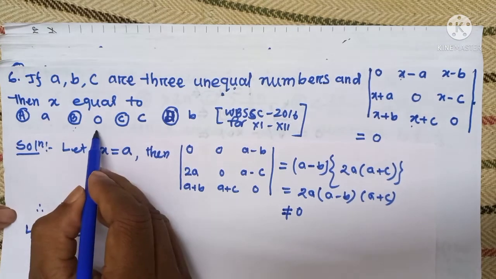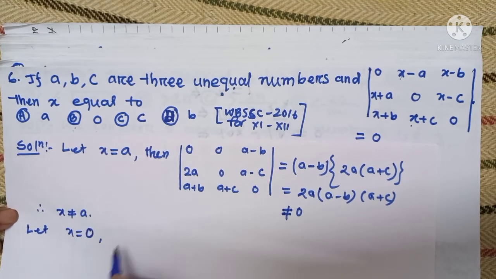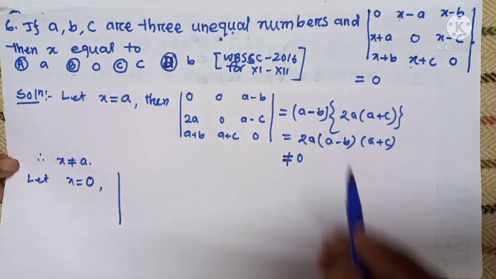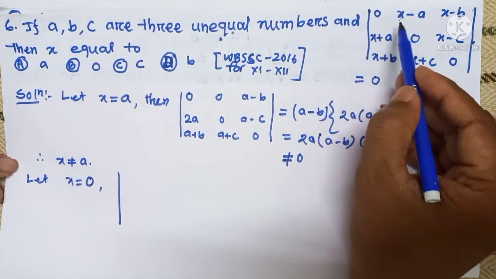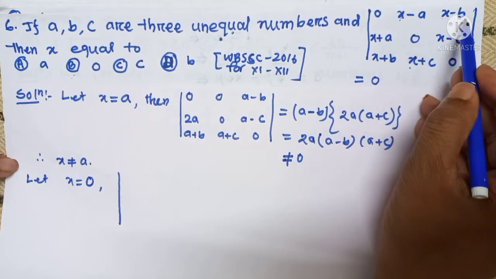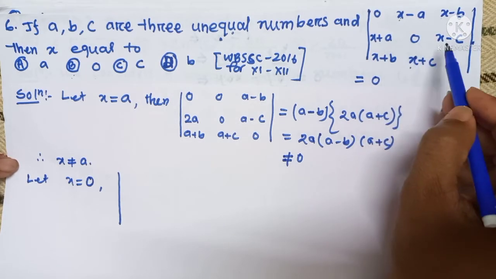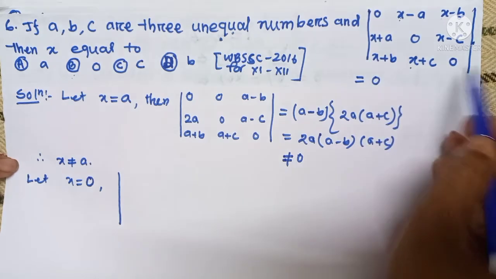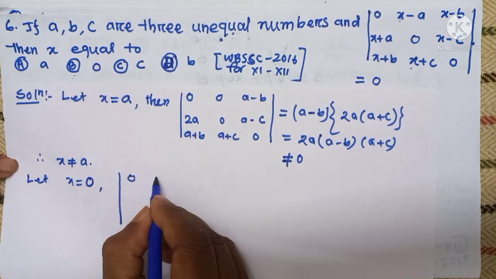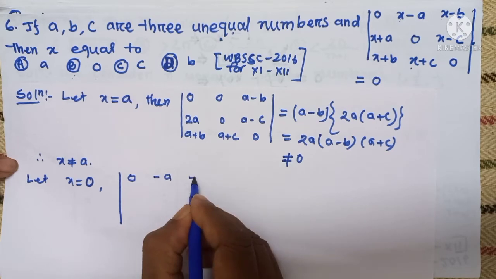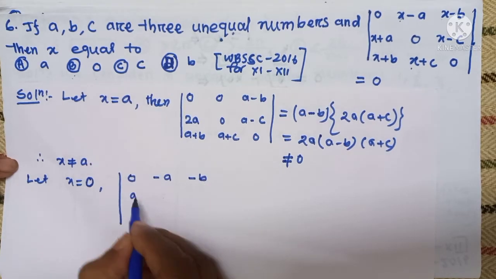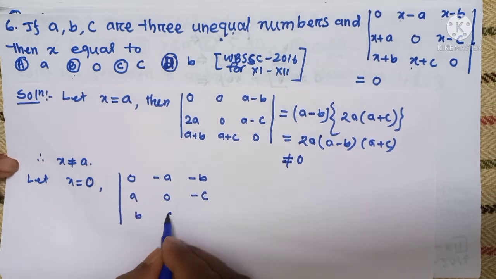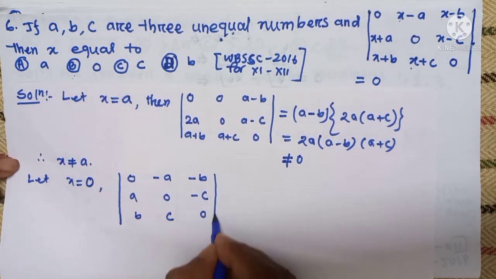Let x equal to 0. Then the value of the determinant is 0, 0 minus a, 0 minus b; 0 plus a, 0, 0 minus c; 0 plus b, 0 plus c, 0, which is 0, minus a, minus b; a, 0, minus c; b, c, 0.